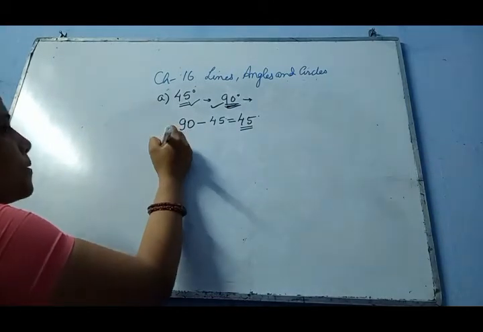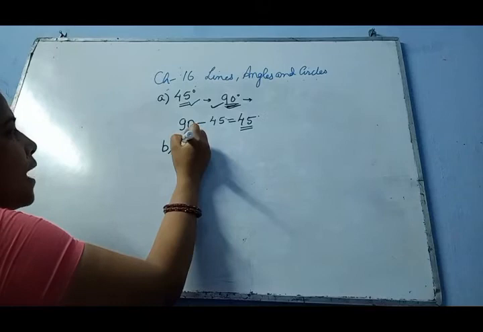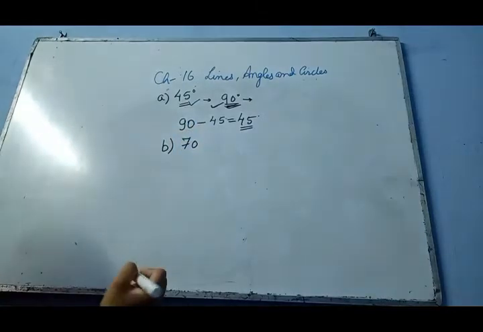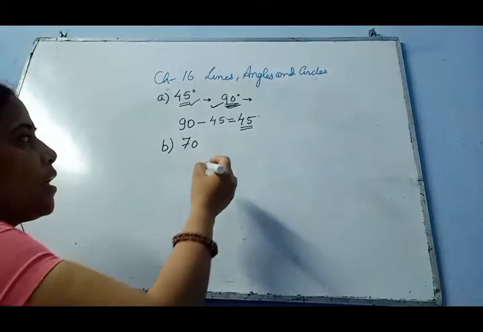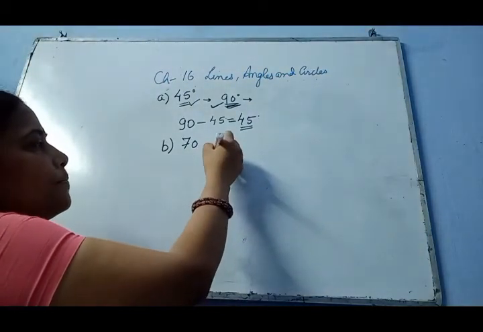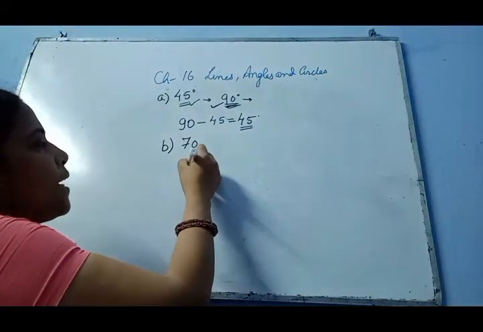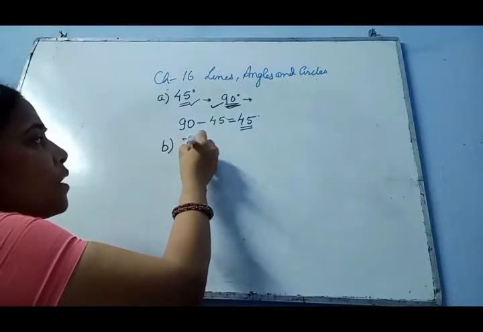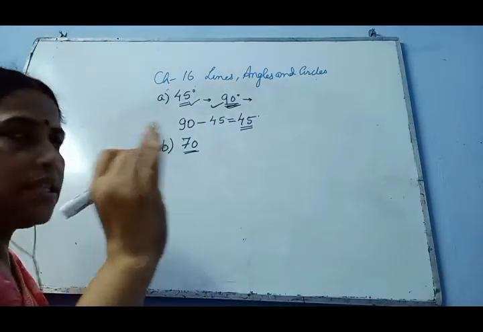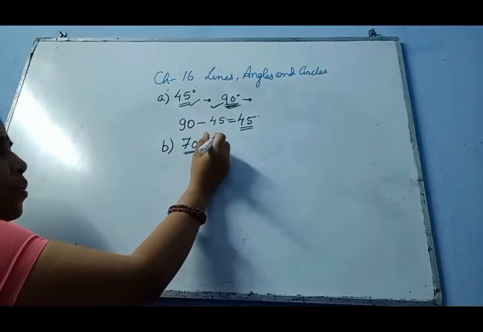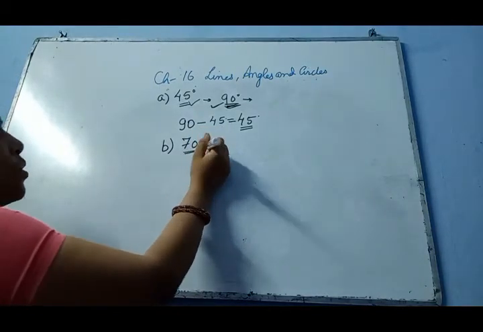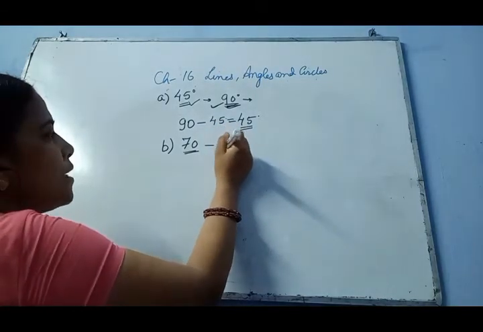Suppose the angle is 70 and you have to find the complementary angle of 70. We know we have to make 70 into 90. What angle do we add so that this becomes 90?